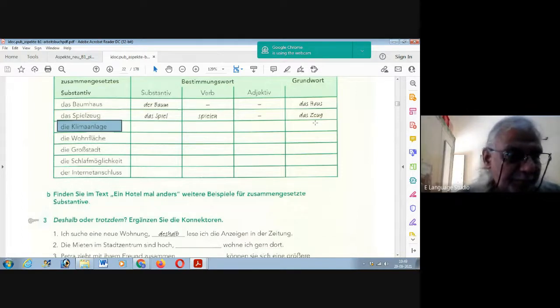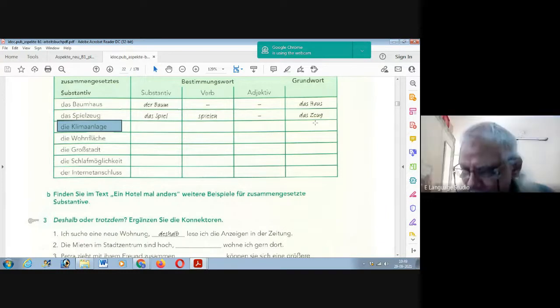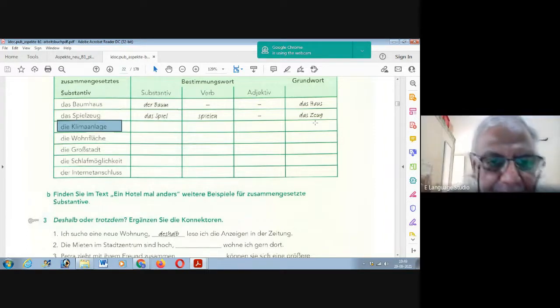Okay. What is Anlage on its own? What does this word Anlage mean? Is it ground? No. Anlage means attachment to document, material. Yeah, that is one possibility, one meaning. Yeah, give me others which fit here.